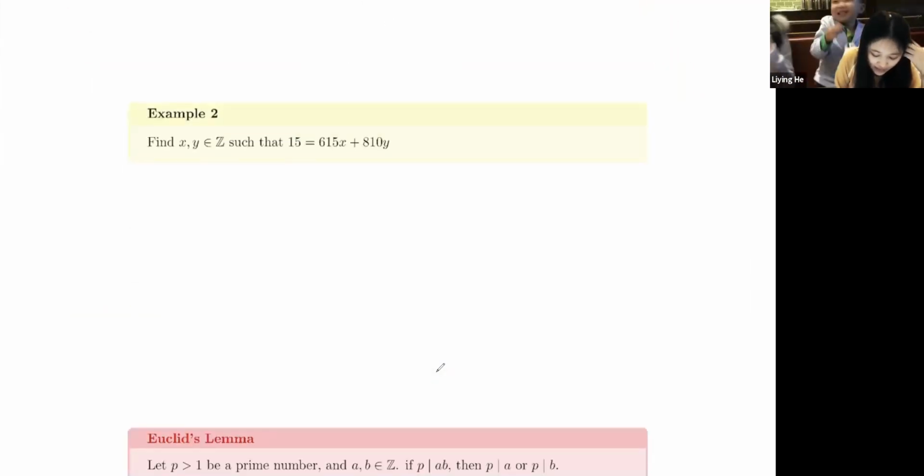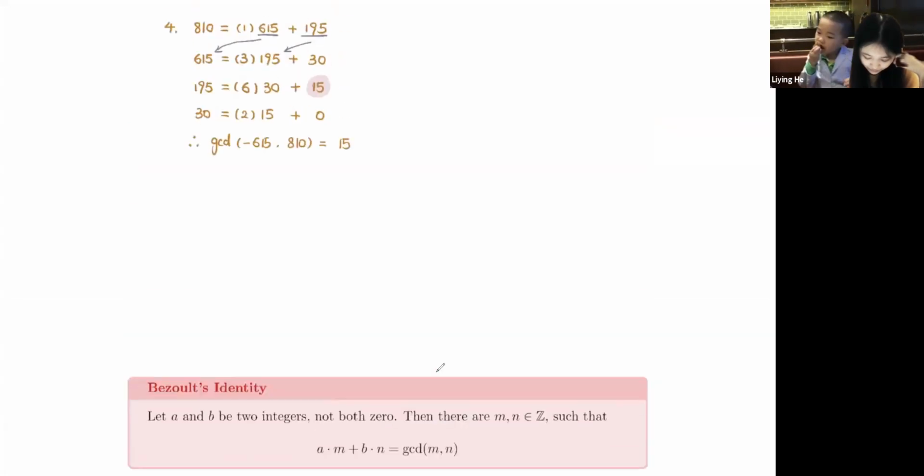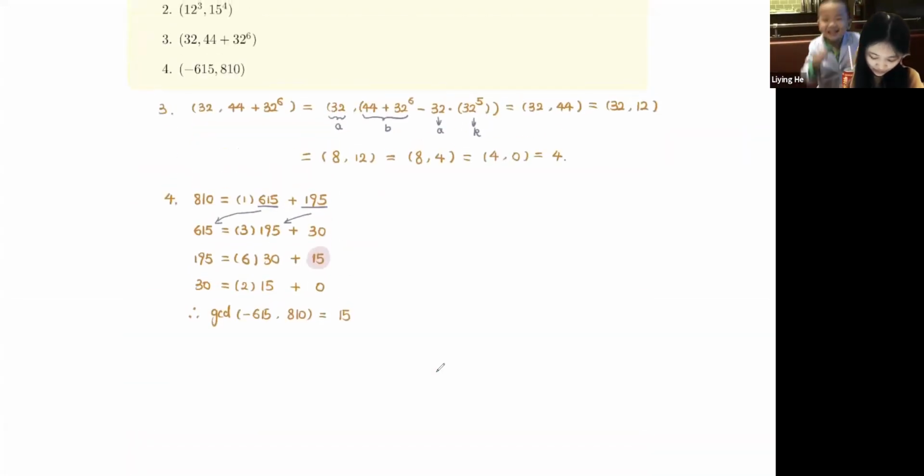Find x, y integers such that 15 equals 615x plus 810y. Well, if you realize, this example and the previous example are actually related. The GCD is 15, and we have 615 and 810.